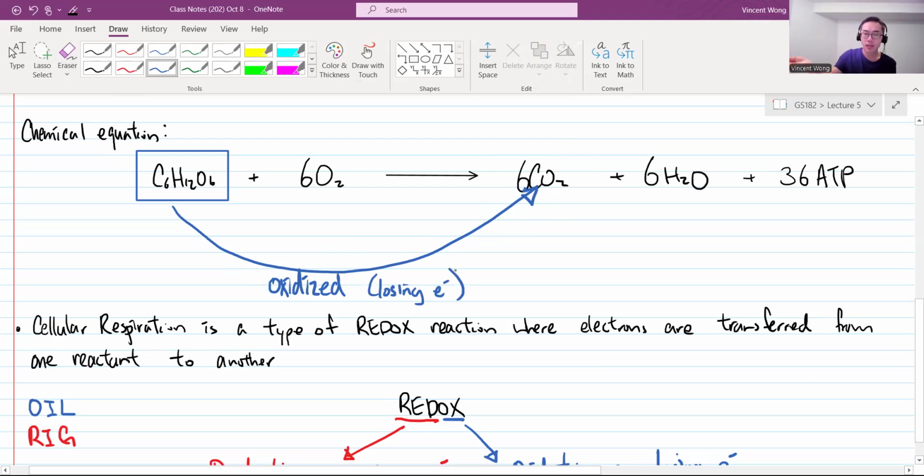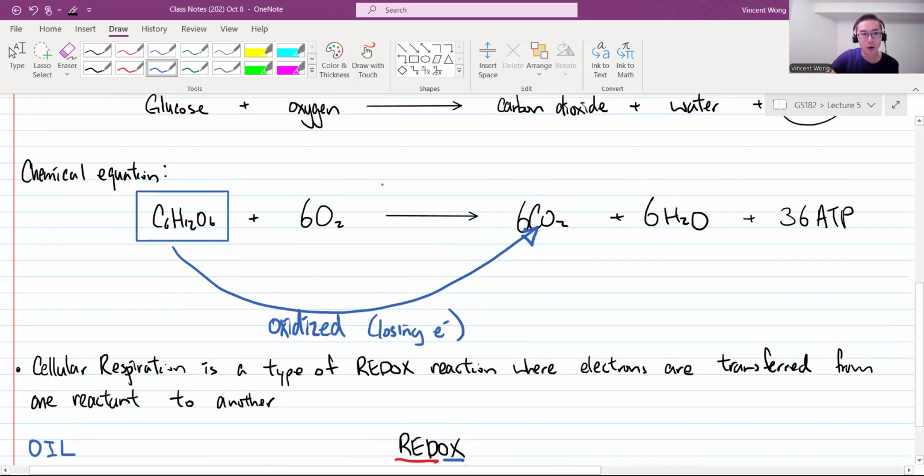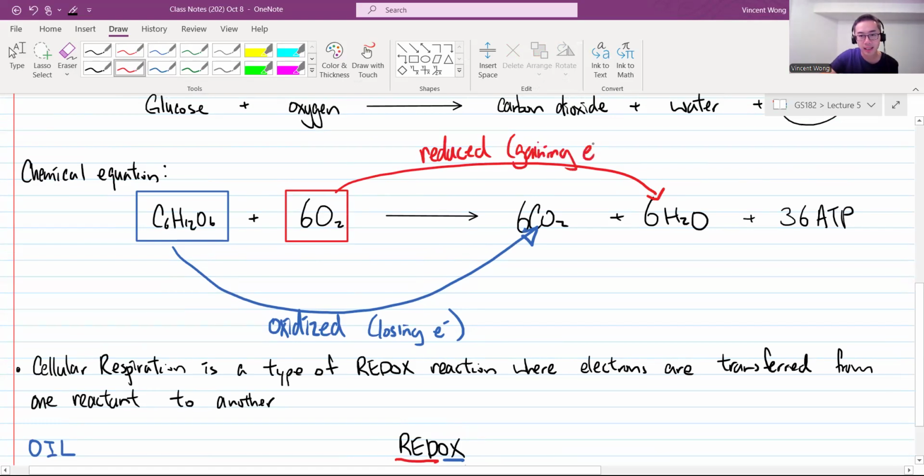Now, those electrons have to go somewhere. We don't just let electrons fly around on their own. So ultimately, they are going to end up on oxygen. And when oxygen picks up the electron, it gets reduced. That's gaining electrons.